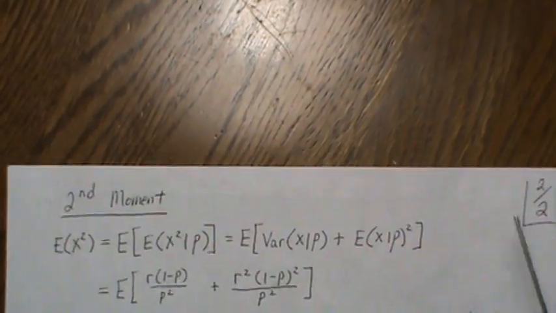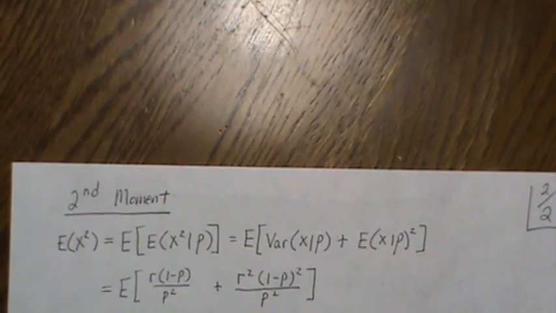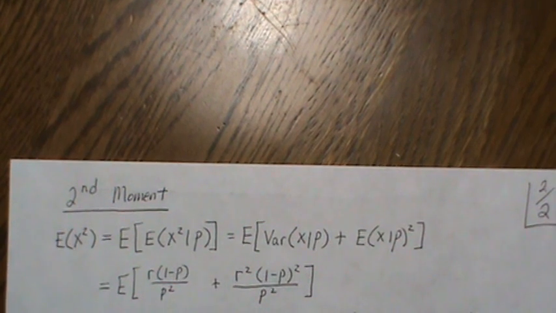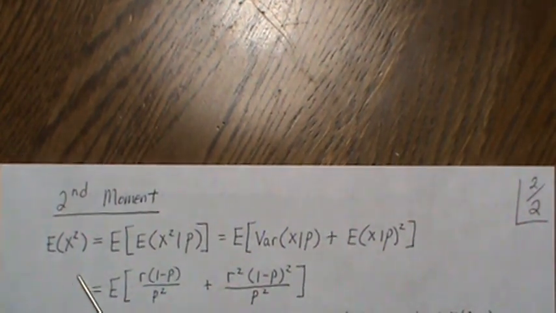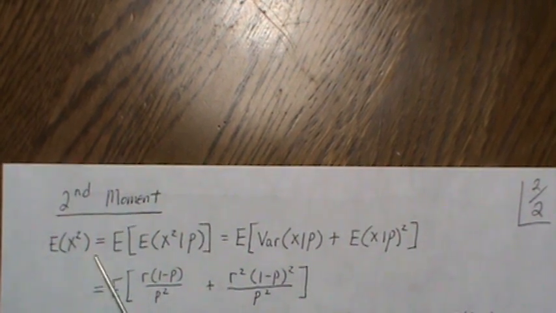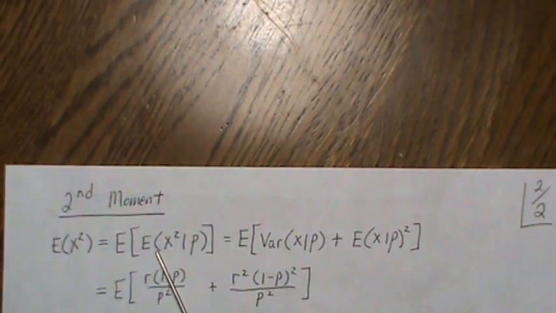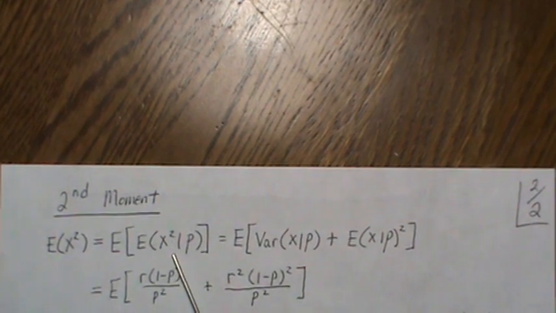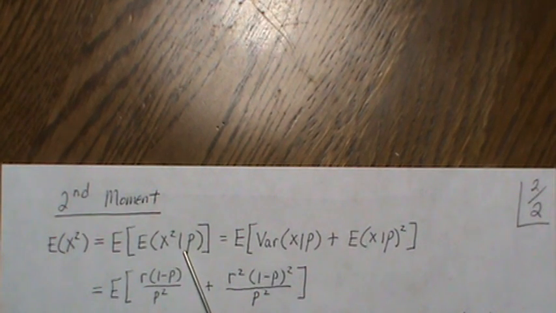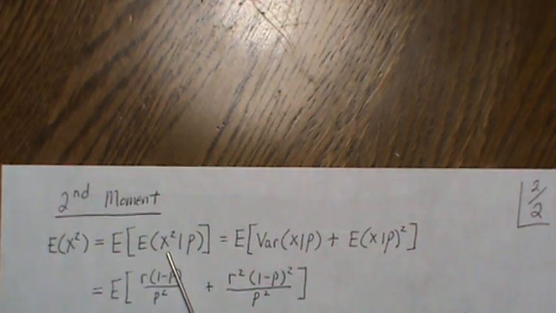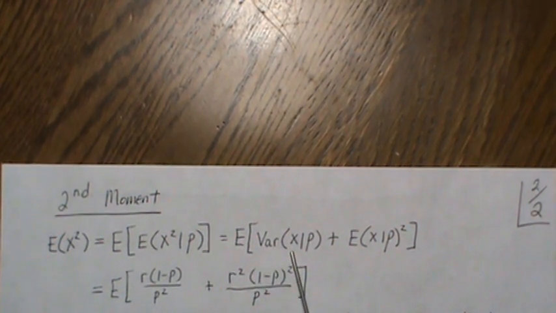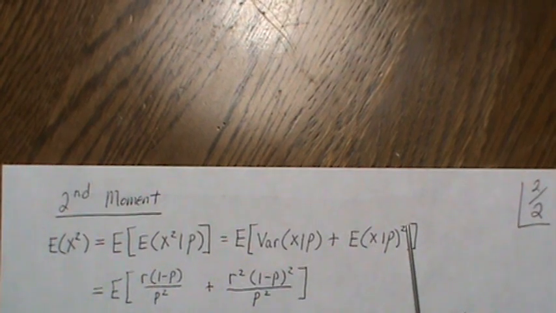Now, to find the variance, I think it's easier to find the second moment first and then use the formula for variance. So here, the expected value of x squared is the expected value of this conditional expectation of x squared. And then in here, the expected value of x squared is the variance of x plus the mean squared, right?